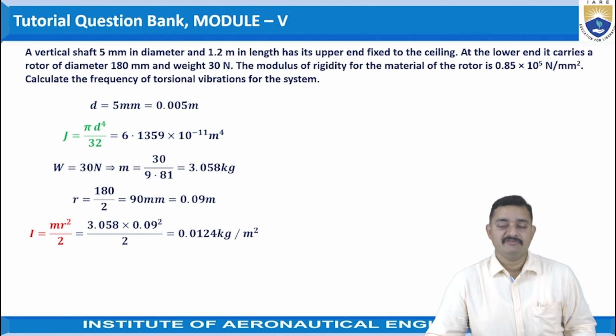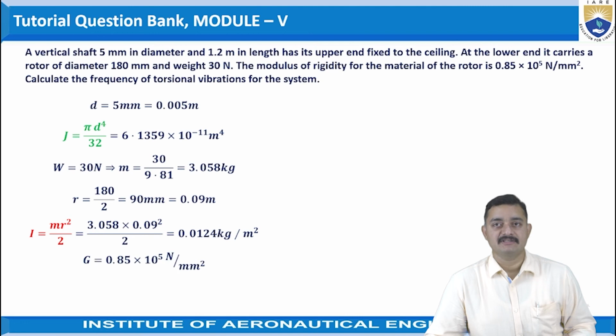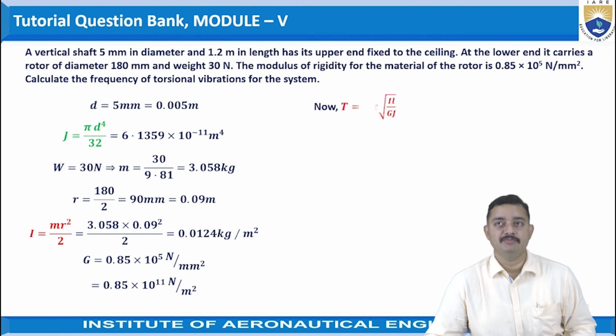Then the moment of inertia I = m r square by 2 = 3.058 into 0.09 square by 2 = 0.0124 kg meter square. The value of G is 0.85 into 10 power 5 Newton per millimeter square, which is 0.85 into 10 power 11 Newton per meter square if we convert into meters.